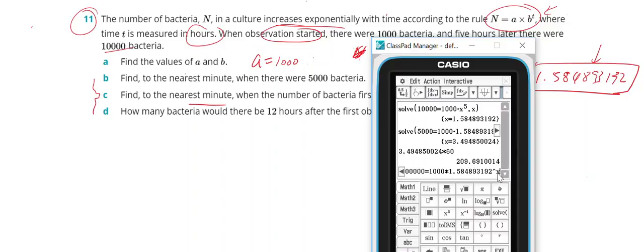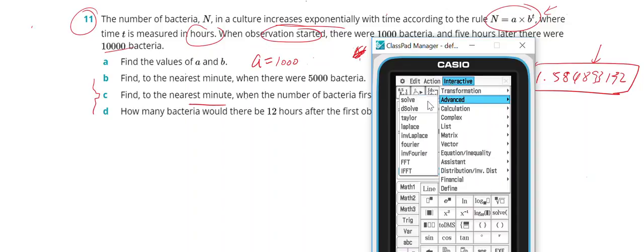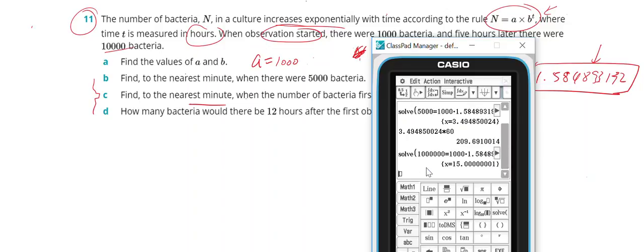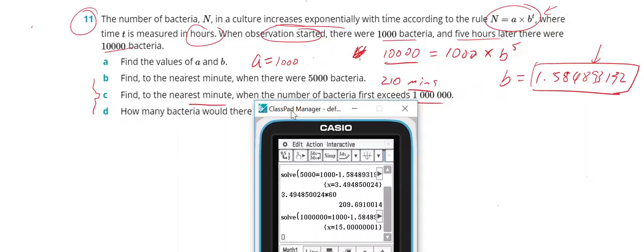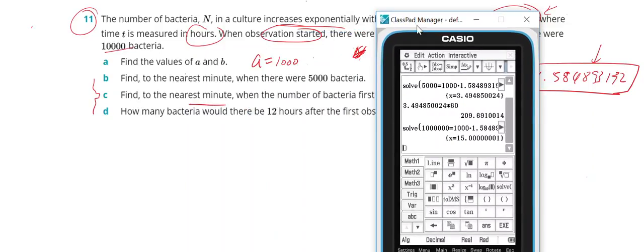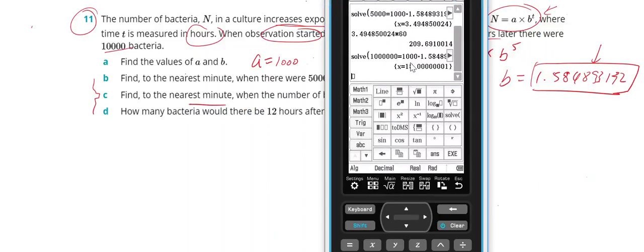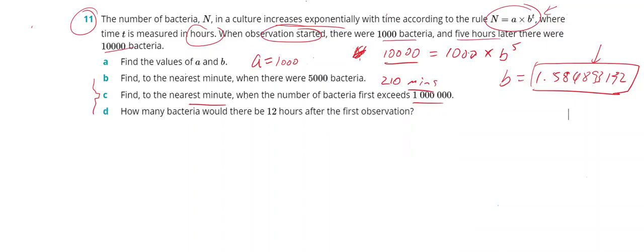So I'm going to select this, interactive, solve. Okay, so to the nearest minute, exceed. So it's 15 hours. I'm going to copy and paste this and times it by 60 to get the minutes. 900 minutes.